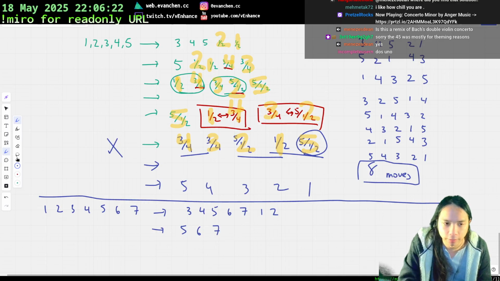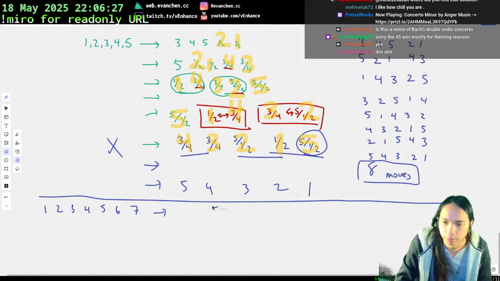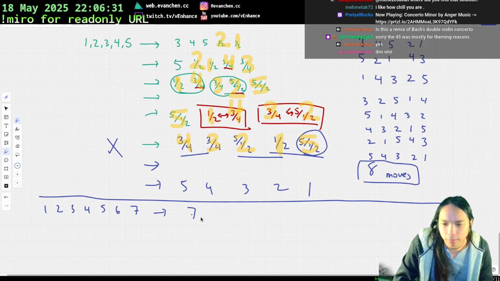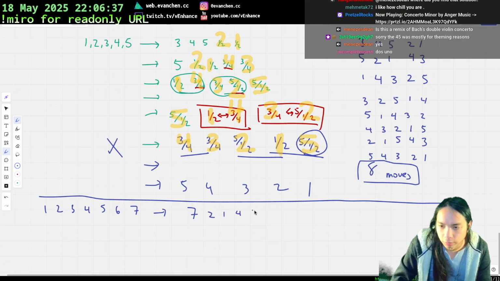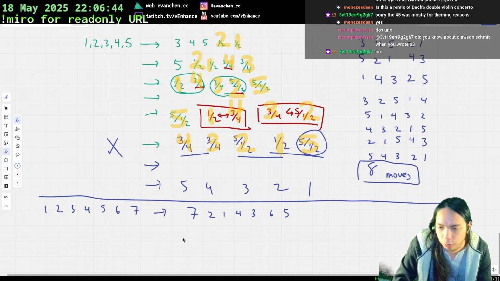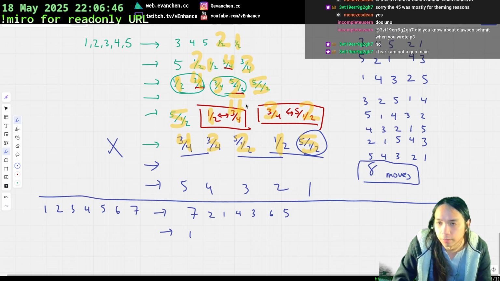The pattern is like, you first take O of n. I think the construction should look like this, right? It's like 7, 2, 1, 4, 3, 6, 5, and then you move it over, and then in the example we put the 5 at the end.